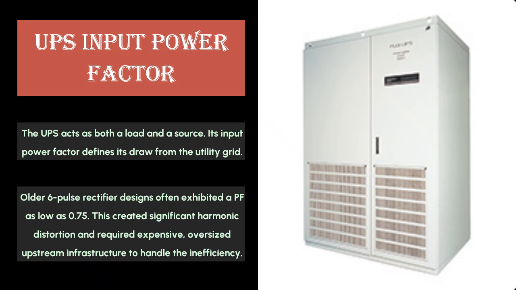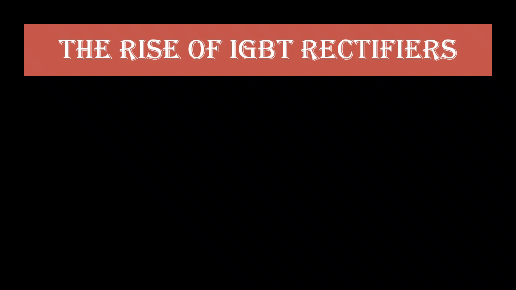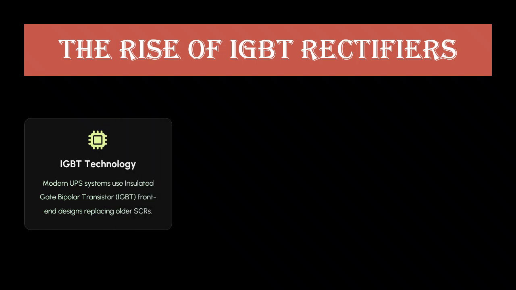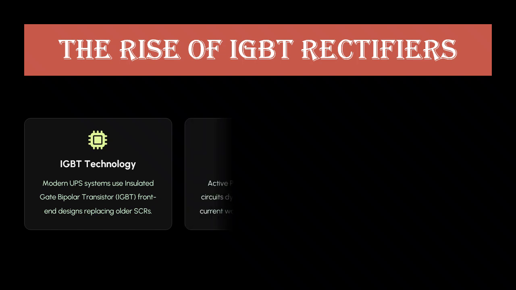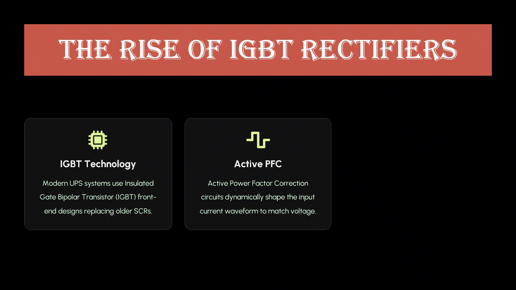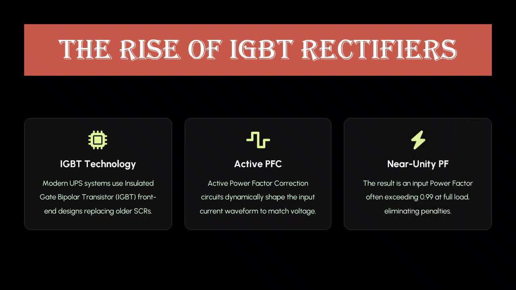The rise of IGBT rectifiers. Fortunately, technology has evolved dramatically. Modern UPS systems now employ insulated gate bipolar transistor, or IGBT, front-end rectifier designs. This technology enables active power factor correction, or active PFC, where high-speed switching circuits dynamically shape the input current waveform to perfectly match the voltage waveform.